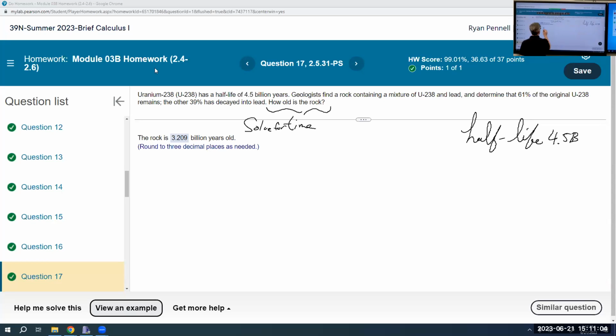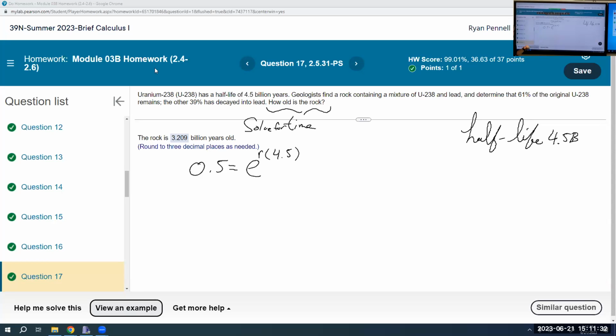All right, so the half-life, half is e to the rt, and they said that was 4.5. Now just know that this is going to be in relation to billions of years. I'm trying to find r first, because I don't know what r is. I know the half-life time, but I don't know what r is.